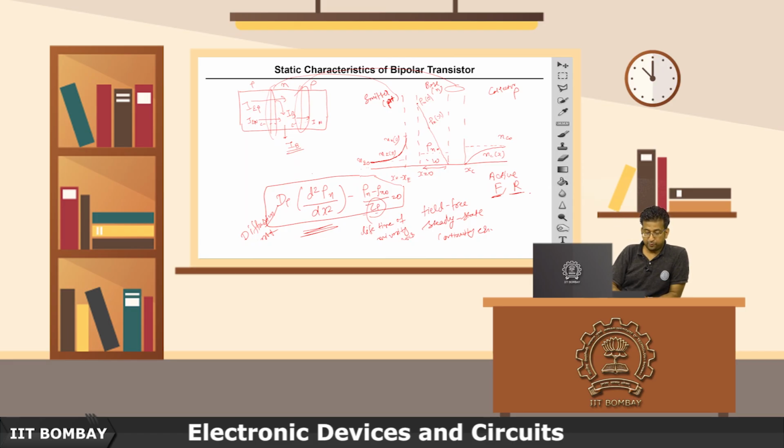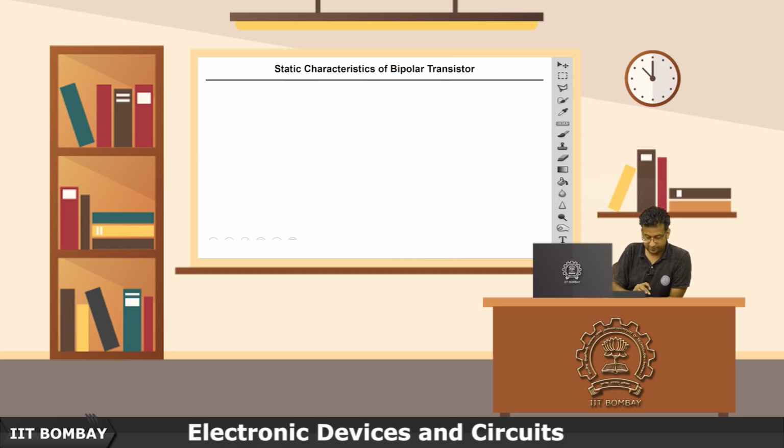So let's derive more mathematics and try to solve this equation to get this profile, whether it is a linear profile or not, as we have drawn here. First I will rewrite the equation again, the second derivative with respect to x, and this is the equilibrium concentration as we discussed earlier.